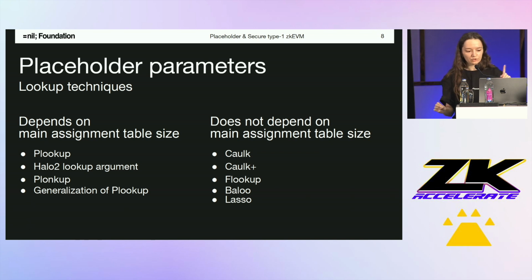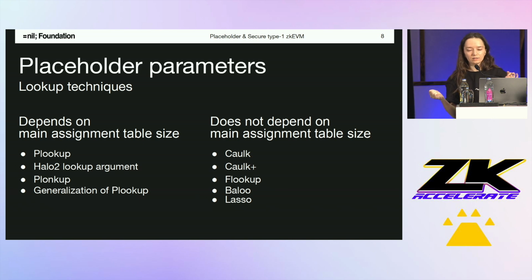So, first of all, we have one approach which depends on the main assignment table size. Main table size, it's a circuit table, the usual circuit table. And when I say that, it means the lookup table size depends on the main assignment table size. The second one doesn't depend.